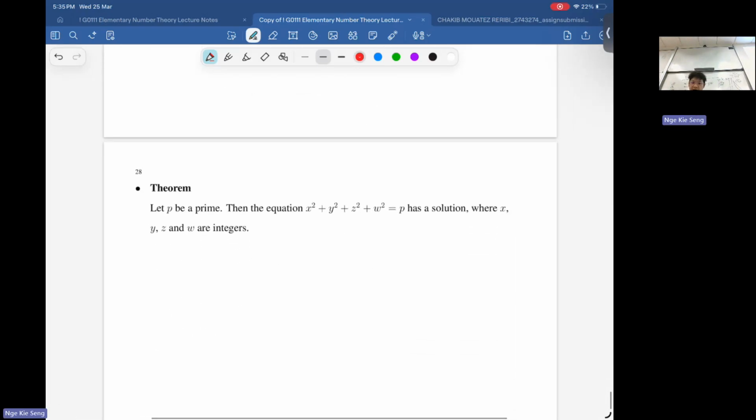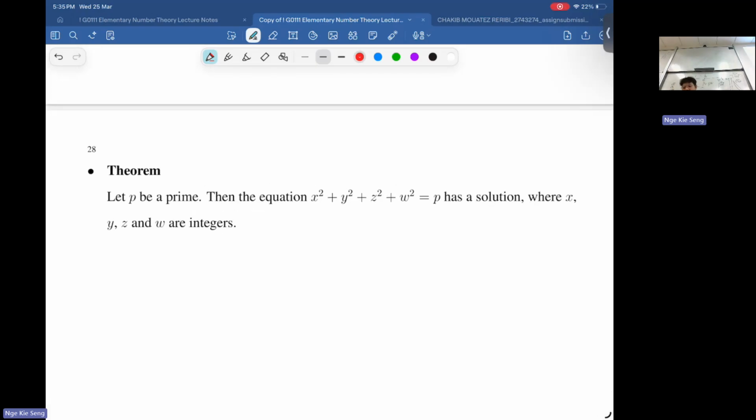From there, we can show that this equation has a solution whenever P is prime. We prove it for all primes: for all primes, we can split as a sum of 4 squares.